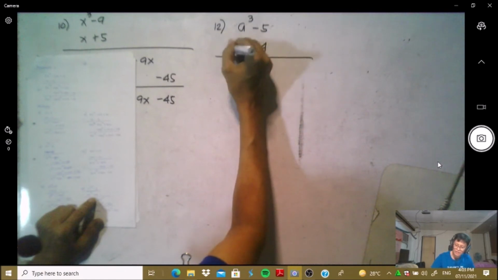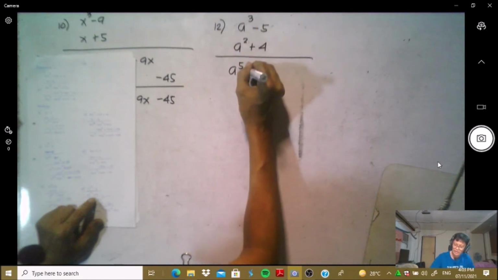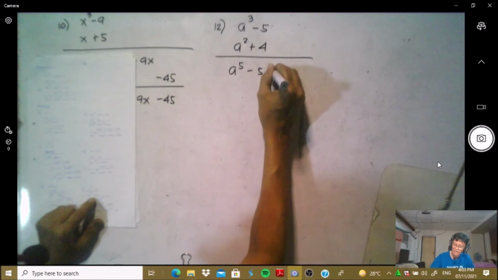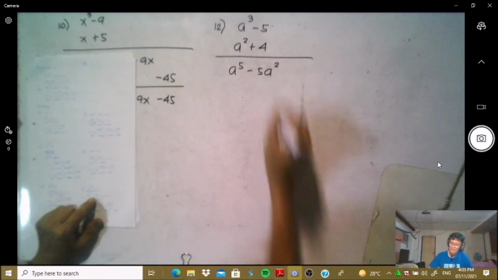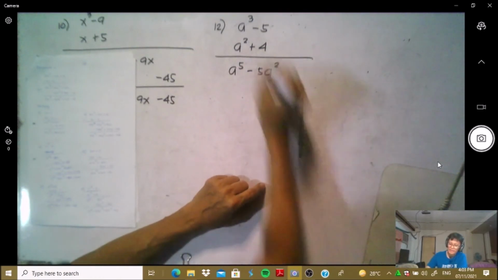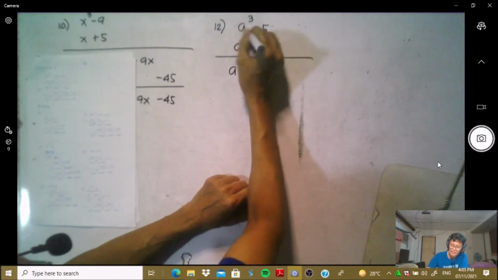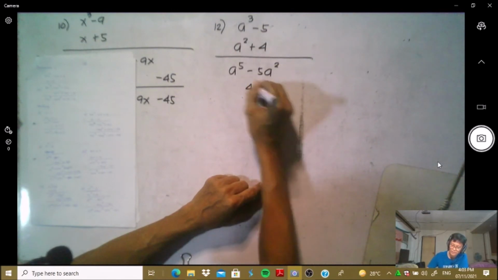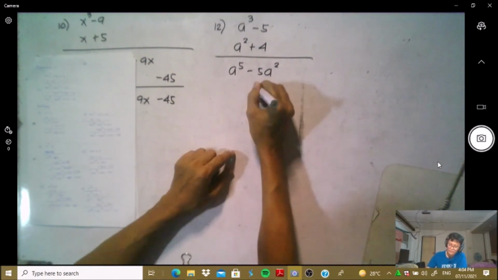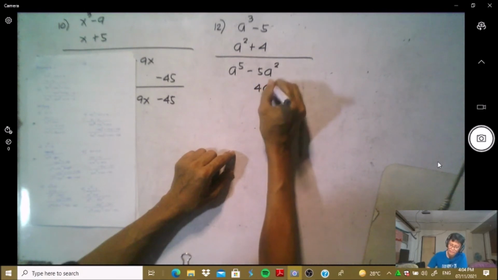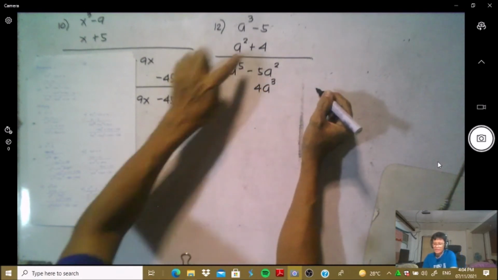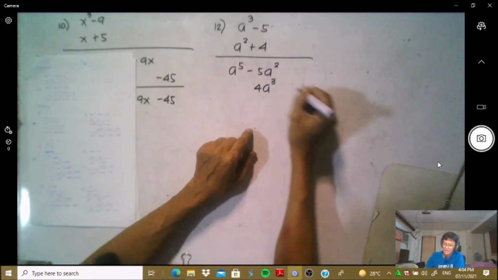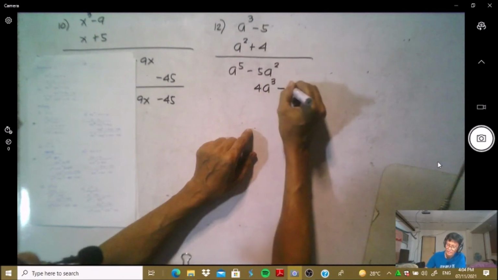Then a squared times negative 5 is minus 5a squared. Then next we have 4 times a cubed is equal to 4a cubed. Okay, 4a cubed, minus 4 times 5 is equal to 20.